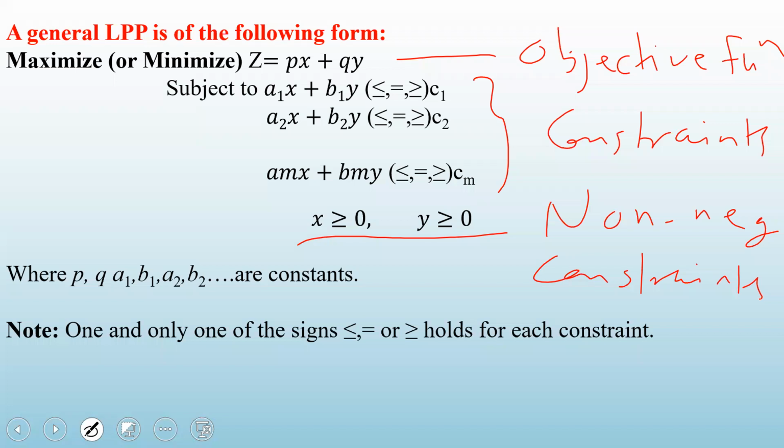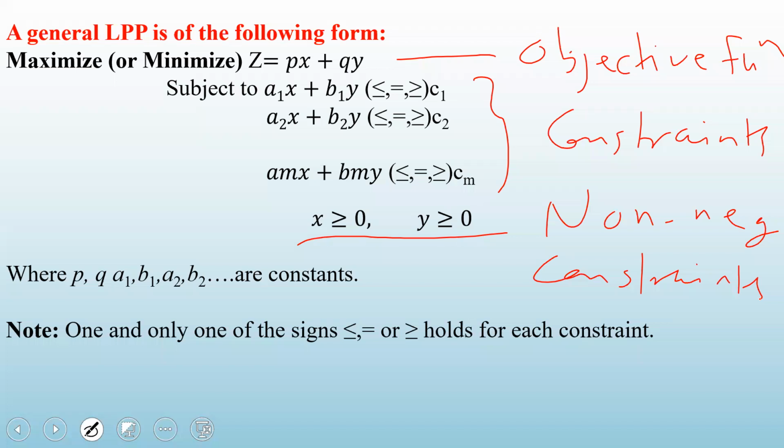Then, what are these p, q, a1, a2, b1, b2, and c1, c2, cm? They are all constants. Now, what is the meaning of constant? Constant means any number. It can be 0, it can be a positive number, or it can even be negative.